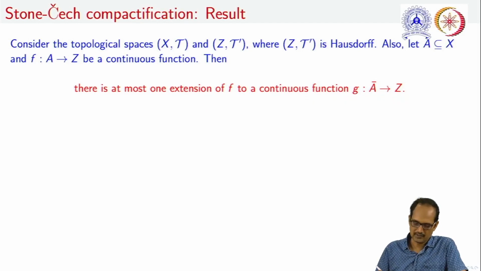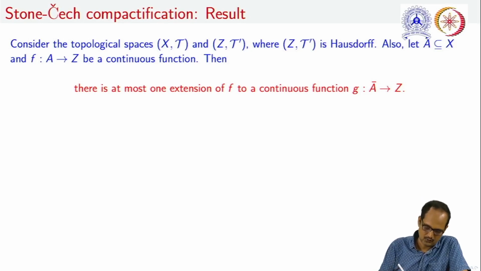It is to be noted that uniqueness in our case will follow by taking Z equal to R and A equal to X. Now let us prove this result. So we are assuming, if possible, why not, that there are two extensions.